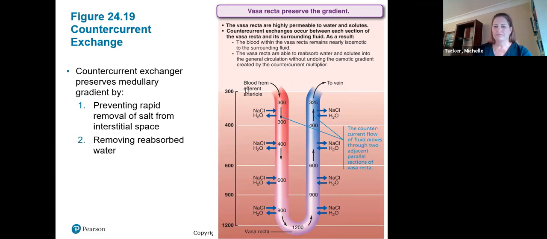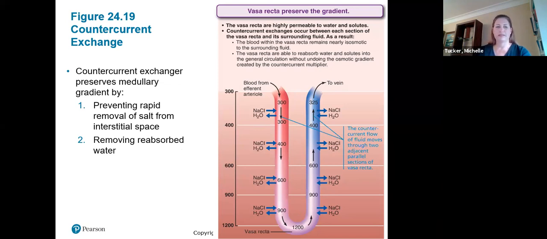The vasa recta is going to capture the water and retain the salt as it returns to the venous system. And because its countercurrent pattern is the same as the loop of Henle, it doesn't change the osmotic gradient in the medulla. So it removes reabsorbed water, and it will reabsorb some salt, but it doesn't do it in a rapid way to disturb the gradient.